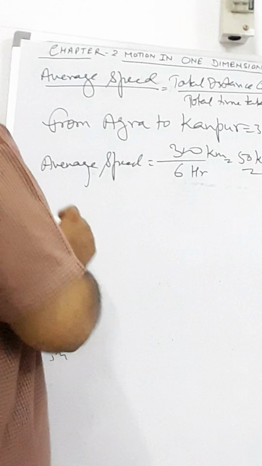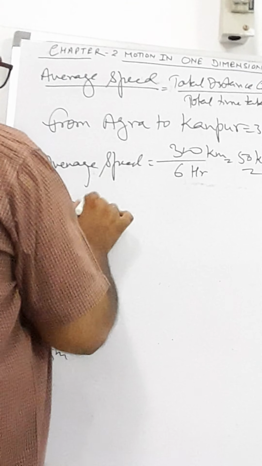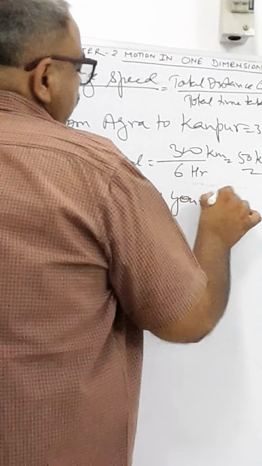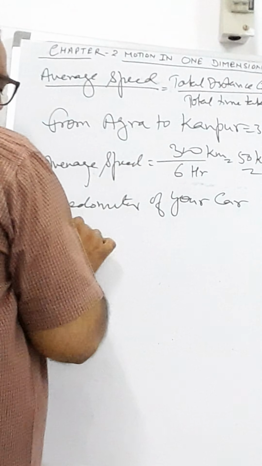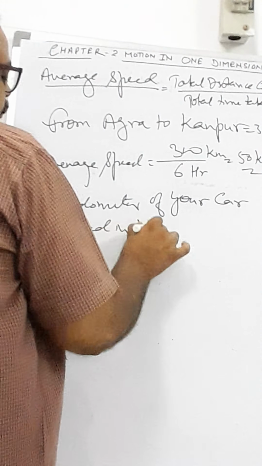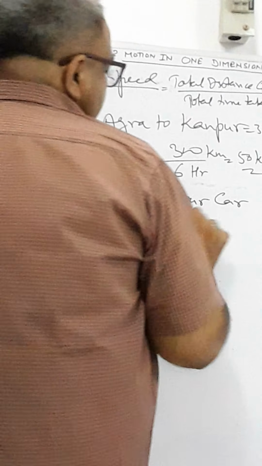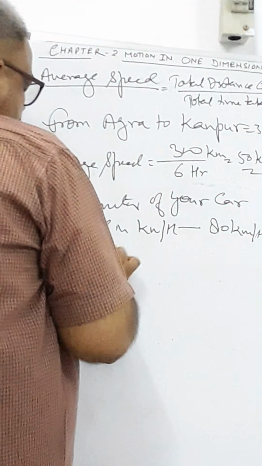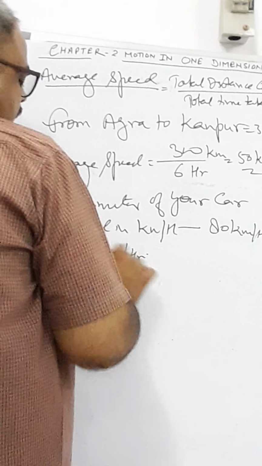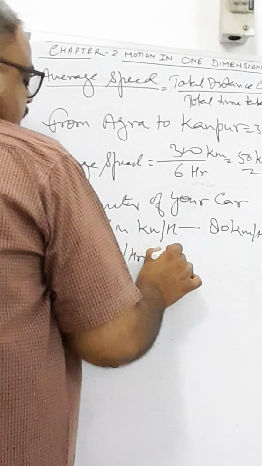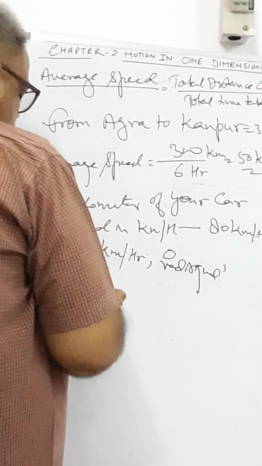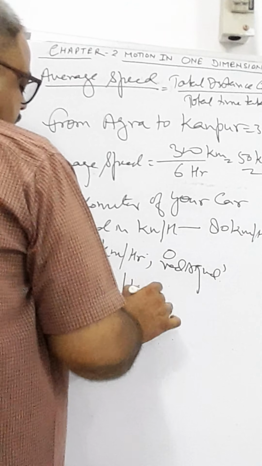But when you look at the speedometer of your car, marked in kilometers per hour, you have seen the car moving at 80 kilometers per hour, sometimes 40, sometimes 0 at a red signal, 10 on a rough road.